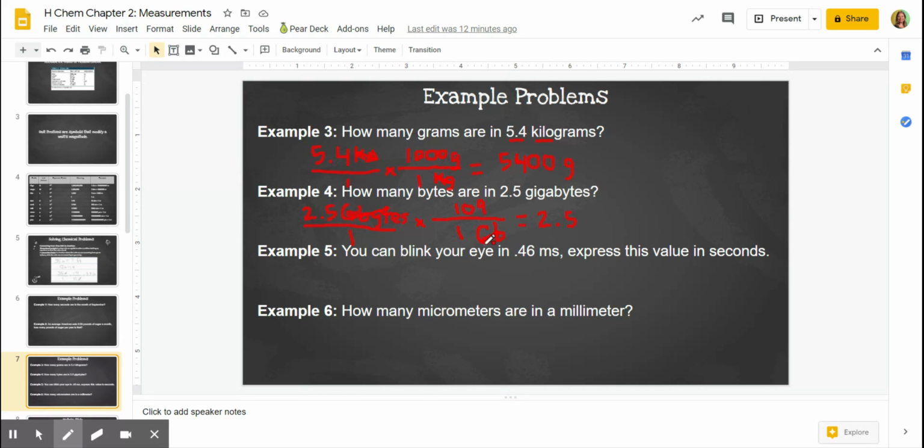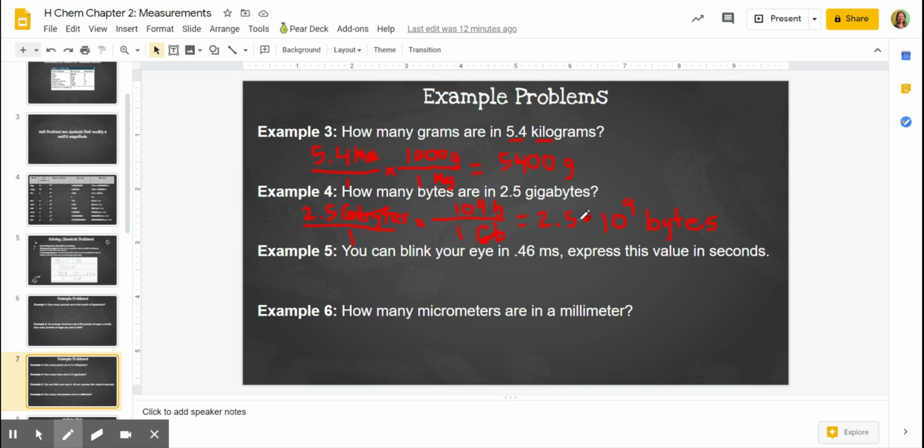They're the same, so they cancel out. And I should have written bytes right here. So I have 2.5 times 10 to the 9th power. That's how many bytes I have. 2.5 billion bytes is my final answer.